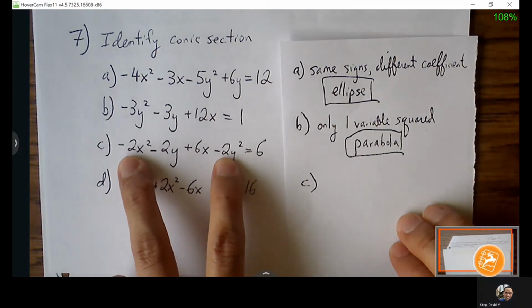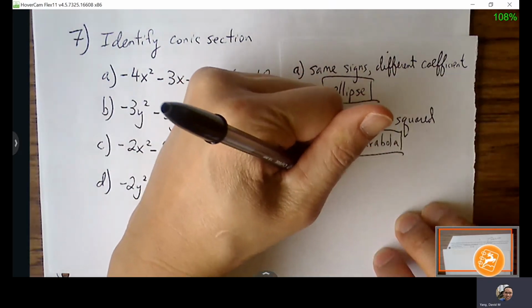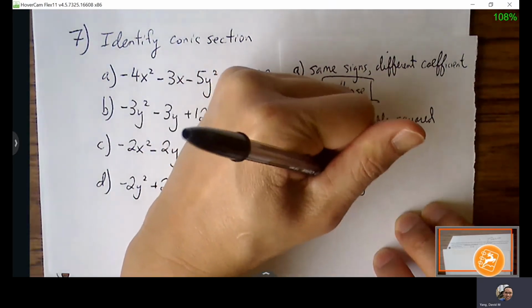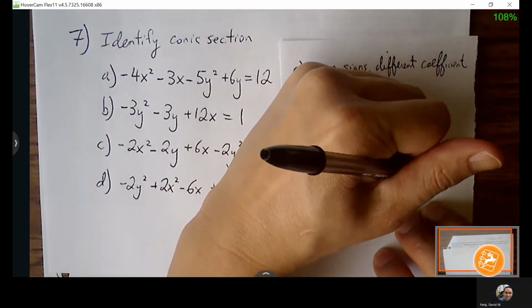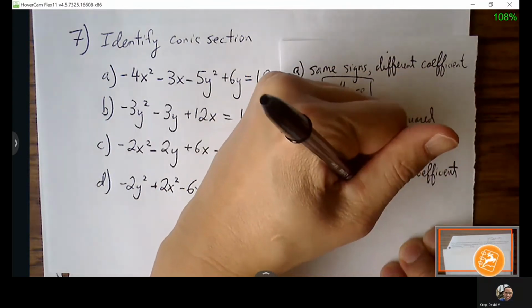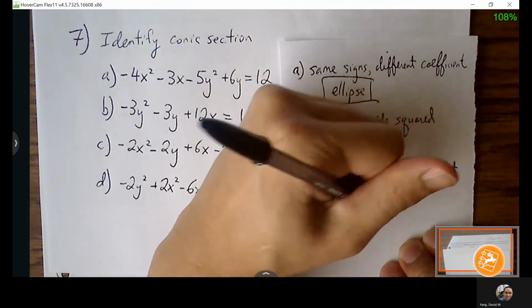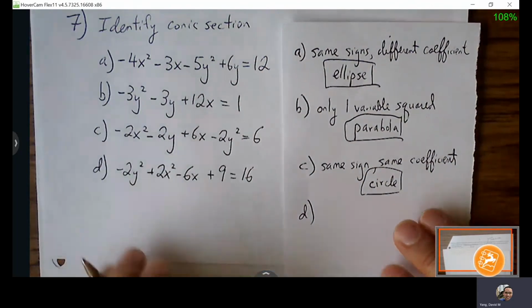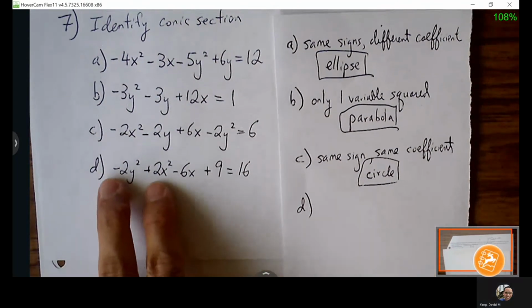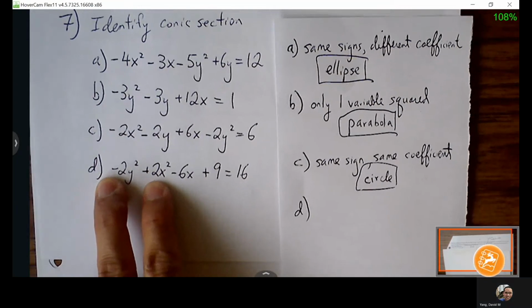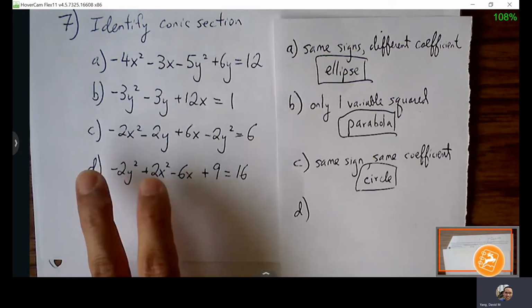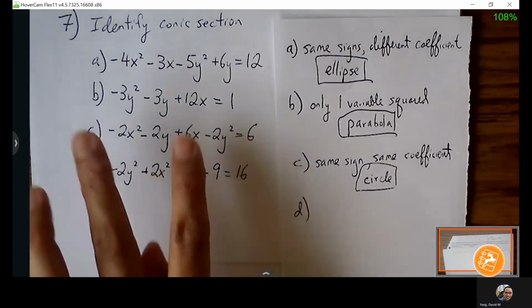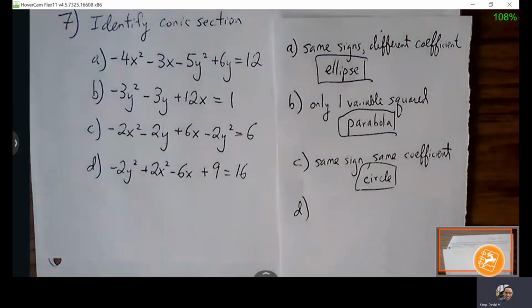This is a circle, yeah. Okay, part D. What's the giveaway here? Different signs. Does the coefficient matter? Doesn't matter, right? Because as long as it's different signs, we know it's going to have to be hyperbola.